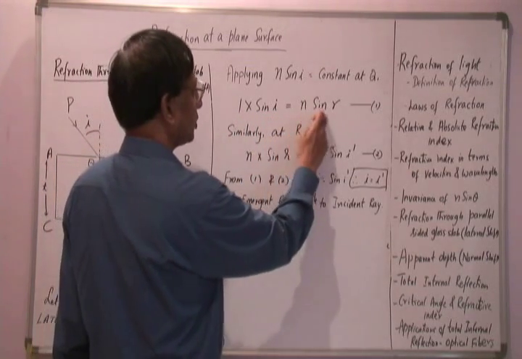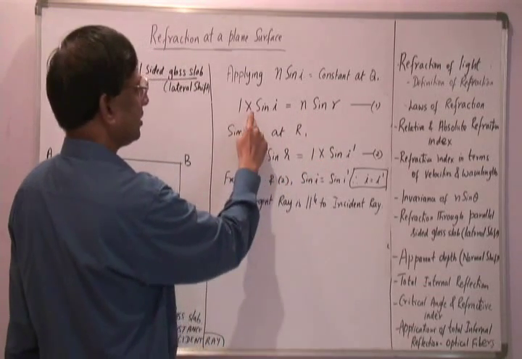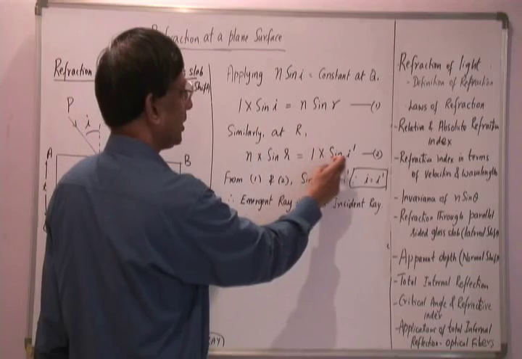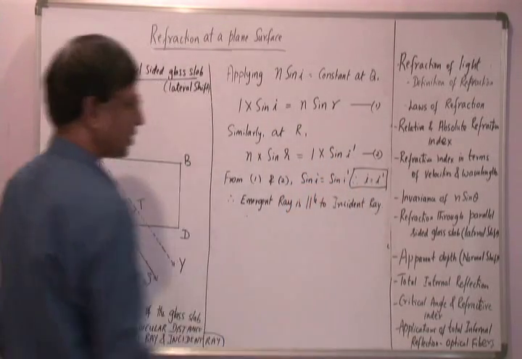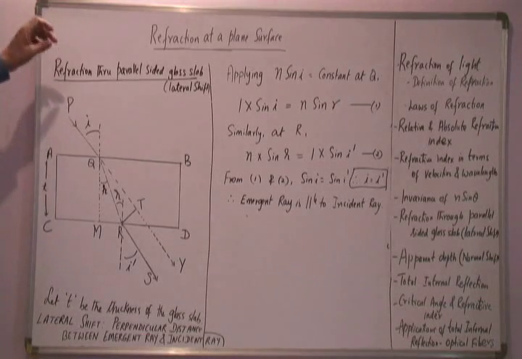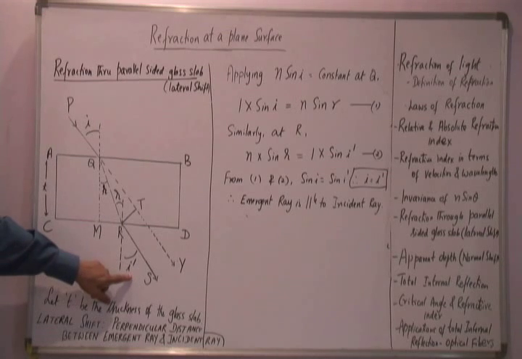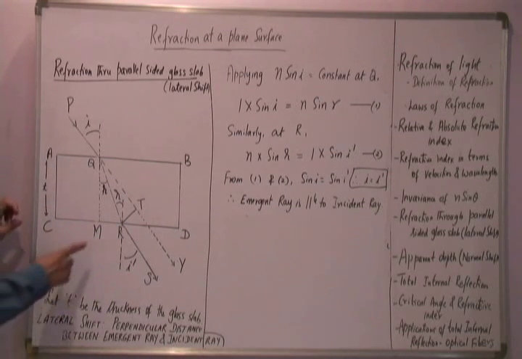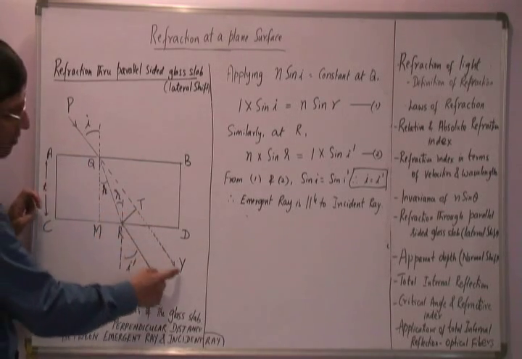So from equations 1 and 2, 1 into sine I is equal to n sine r, and n sine r is the same as 1 into sine I dash. Therefore sine I is equal to sine I dash, which also means that I is equal to I dash. That means this angle of incidence is the same as this angle I dash, which also implies that RS is parallel to PQTY.